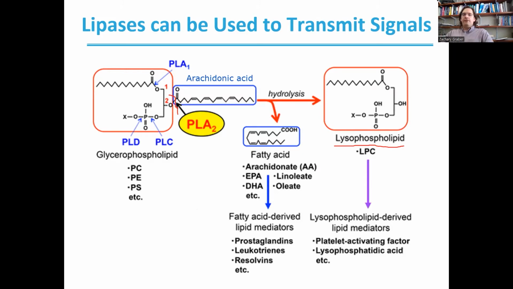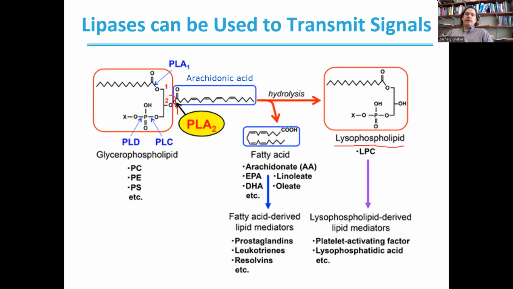So our lipases can affect lipid signaling in several different ways. First, of course, they're involved in recycling or removal of lipids from our membranes. If those are carrying out some specific signaling role, our lipase would dampen that particular signal.